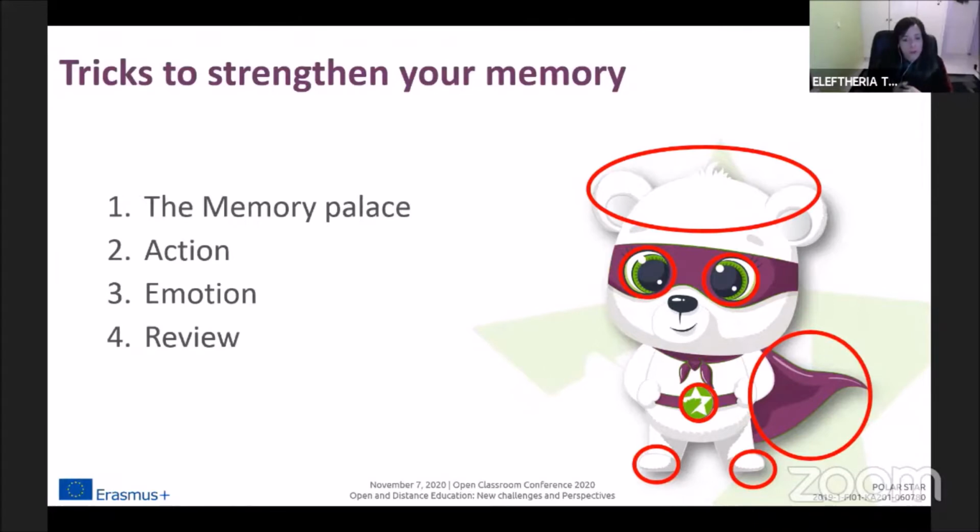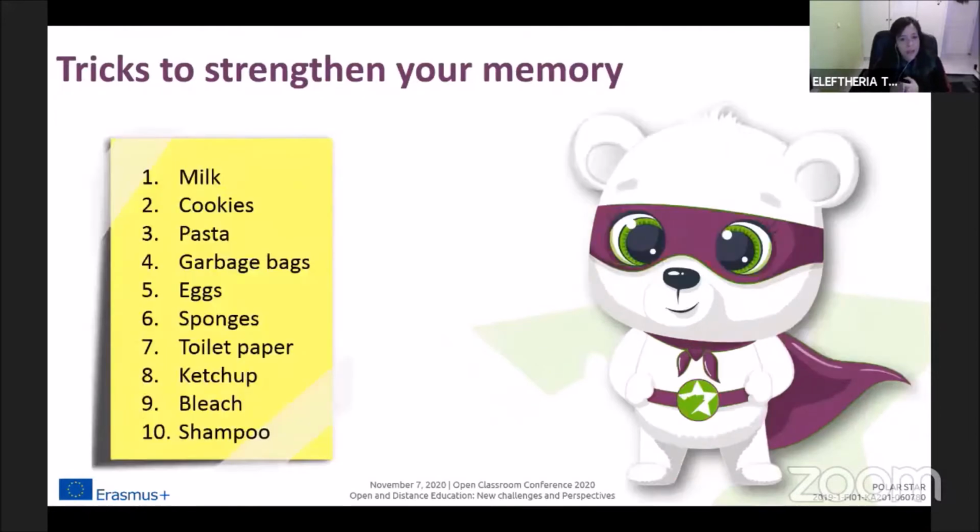So I'm going to try to memorize something super simple right now. I'm going to try to memorize a shopping list of 10 items. So the trick here is that I use the memory palace and I place the things that I want to remember, so the things in my shopping list, into my memory palace, so in the different body parts of Polar here.